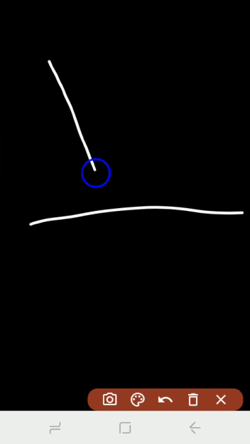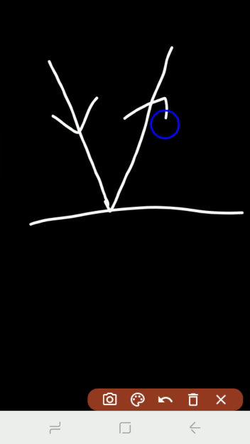See, this is the plane. Now this is the incident ray and this is the reflected ray. And here is the normal. So this angle formed is called angle I, that is angle of incidence.